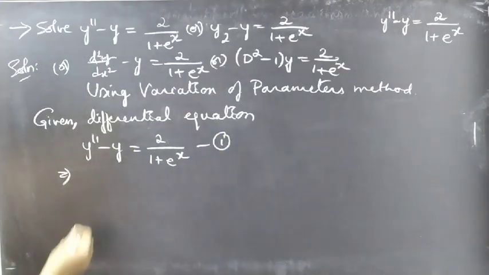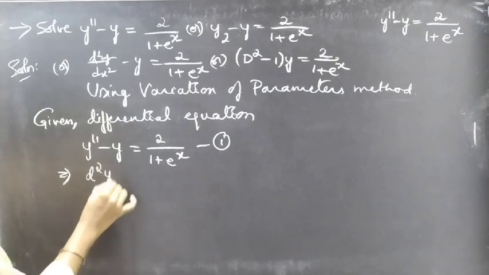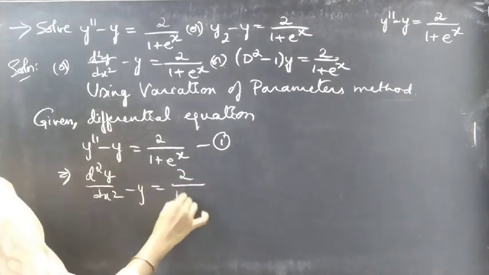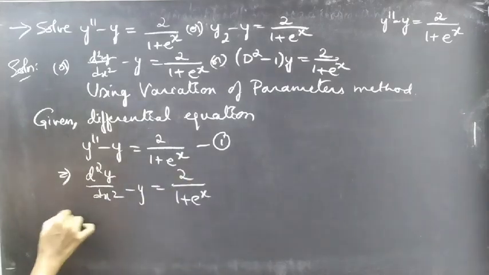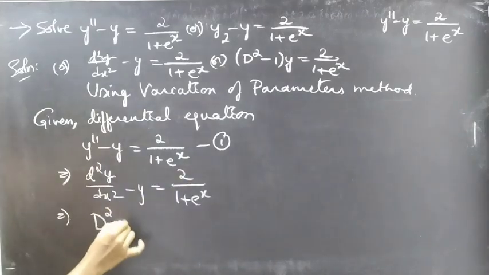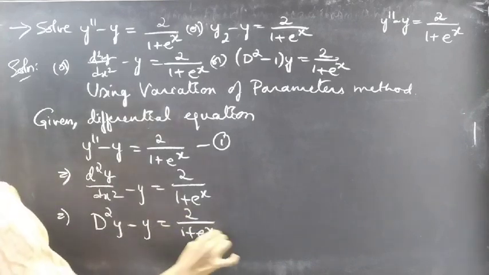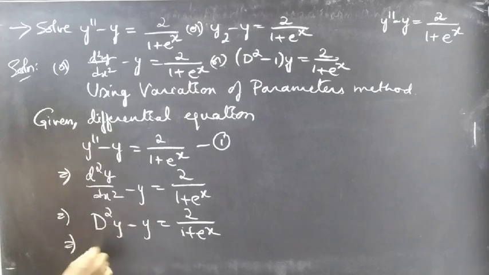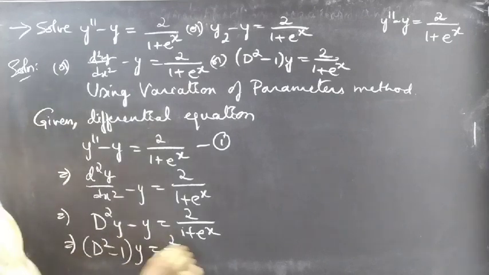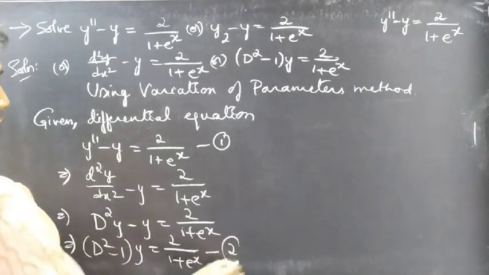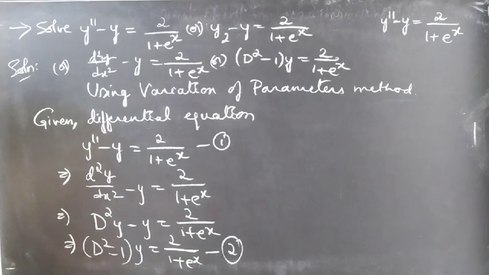Or we can write it as d square y by dx square minus y equal to 2 by 1 plus e power x. Now take y common from these two terms, and we'll get d square minus 1 into y equal to 2 by 1 plus e power x. Consider as equation number 2, which is in operator form.